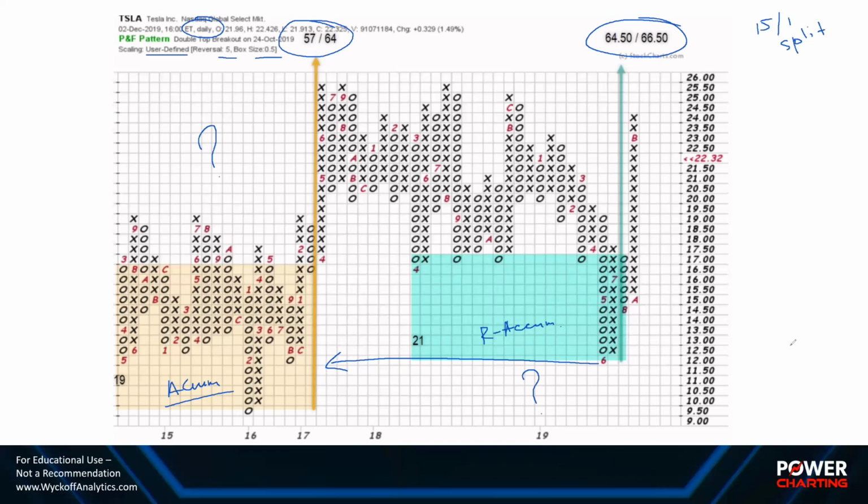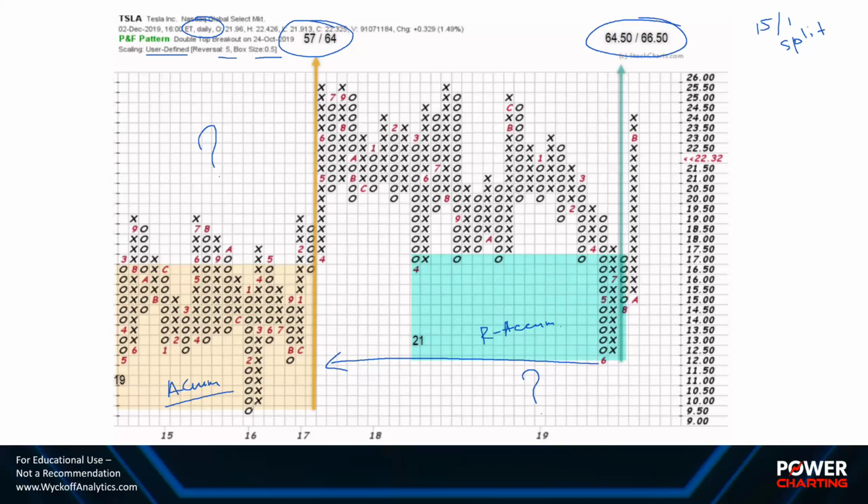But notice this, the accumulation structure counts up from a low of around $9.50, with a count line there at 16.5, counts up to $57 to $64. And we are taking this larger count on the right.